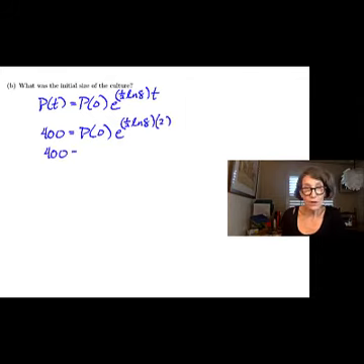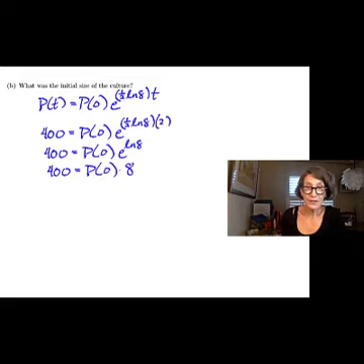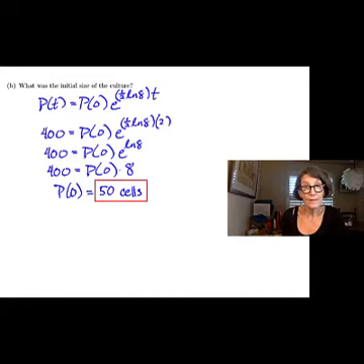So 400 is equal to P of 0 times e to the natural log of 8. e to the natural log of 8 is just 8. So 400 equals P of 0 times 8. Now we can solve for P of 0. Dividing both sides by 8, we get P of 0 is 50 cells. So we started with 50 cells. 2 hours later, we got 400.